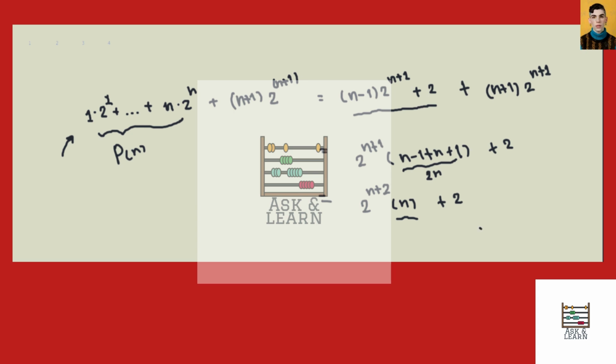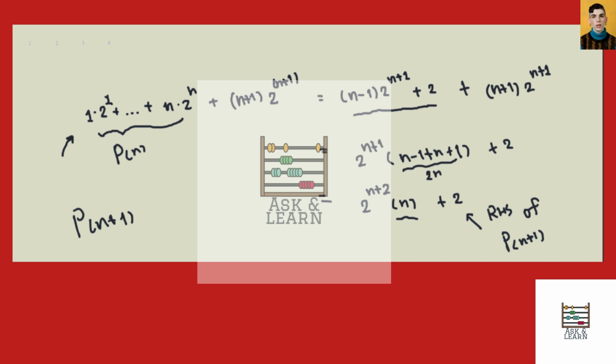So this is actually the right-hand side of the statement we want, P(n+1). So this whole line of equations is actually P(n+1).